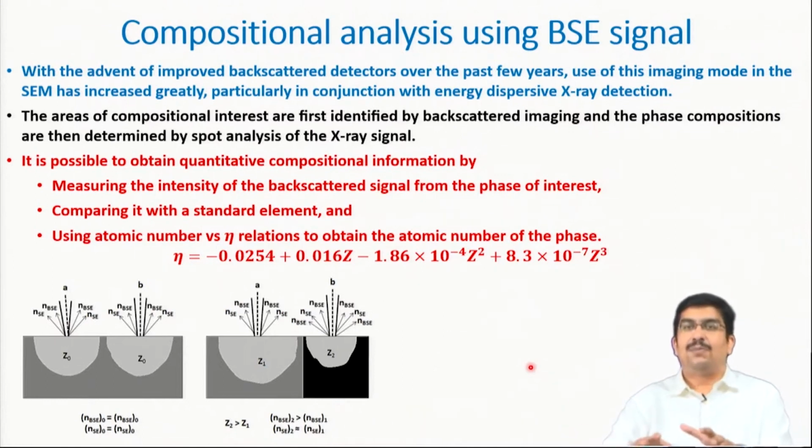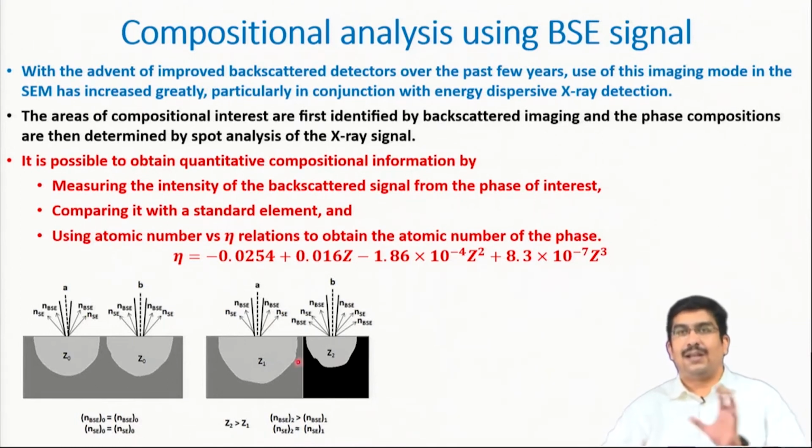So, we have aluminum and iron next to each other in some sense like here. When the electron beam is falling on something like the aluminum region, of course, the number of backscattered electrons produced will be far less than when it is falling over the iron rich region. So, from there we can identify, if we know the composition, if we know that okay fine, I have aluminum and iron in the composition, that this is possibly the aluminum rich region and this is possibly the iron rich region.